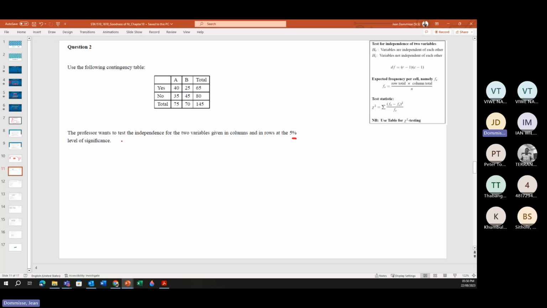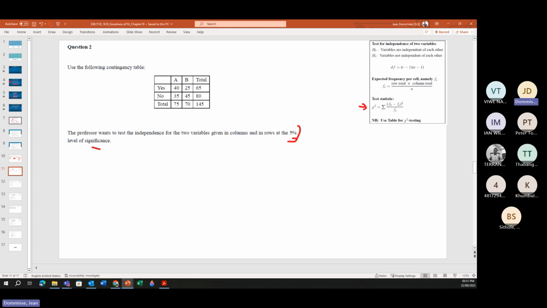So the professor wants to test the independence of the two variables, and they give us a 5% level of significance. Let's work it out. I'm going to show you how we work out the test statistic with that formula.